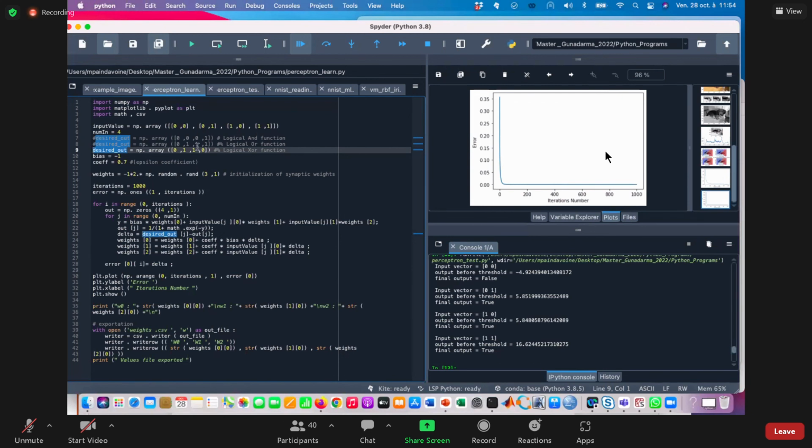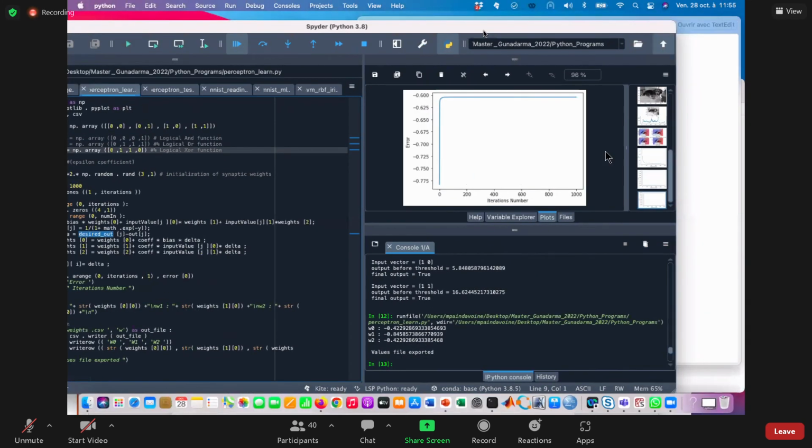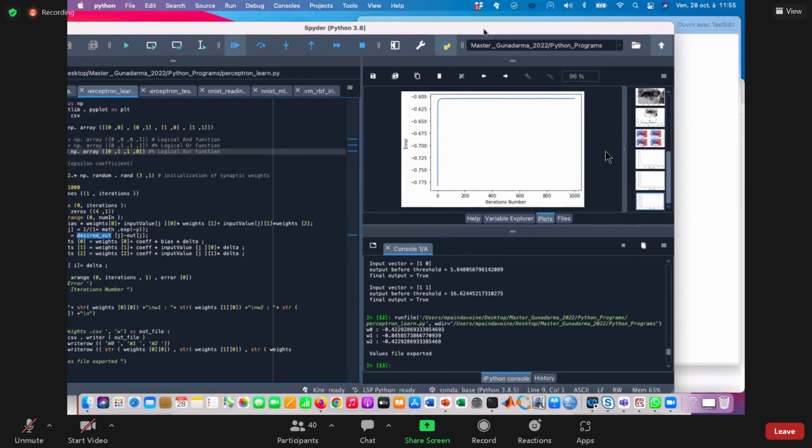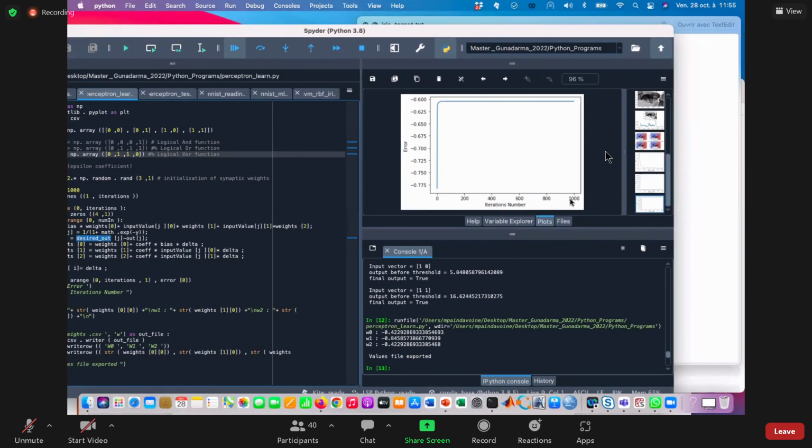So that is what I learn. I do that, and as you can see, there is no convergence with my learning, because after 1K steps the error is always high.